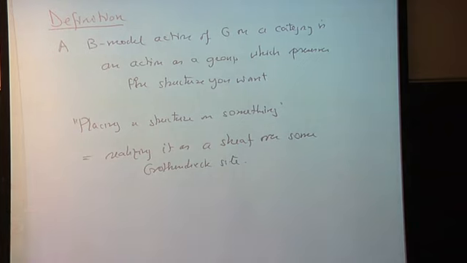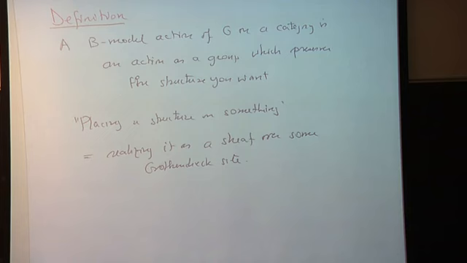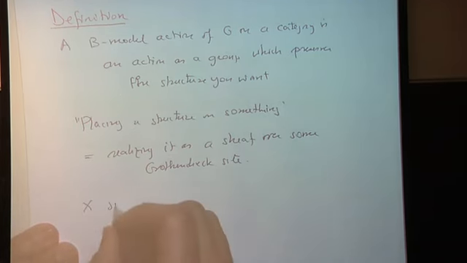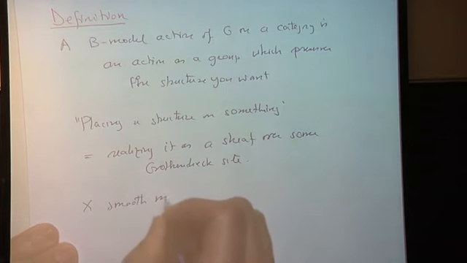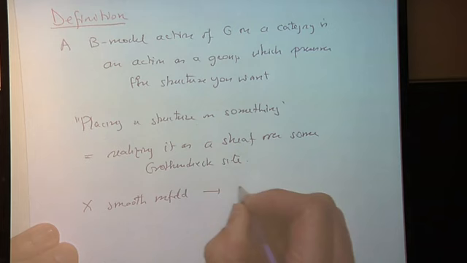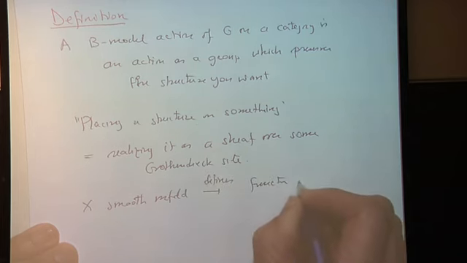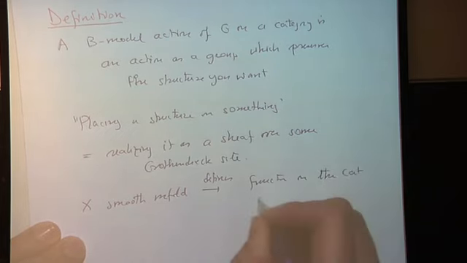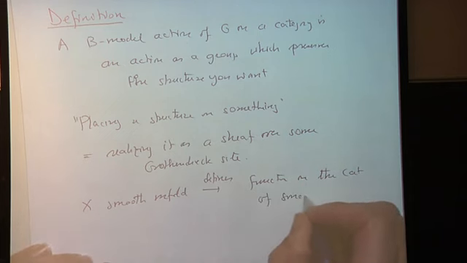So for example, for a manifold, instead of saying X is a smooth manifold, look at the functor. So X, the smooth manifold, defines a functor on the category of smooth manifolds, which it represents.